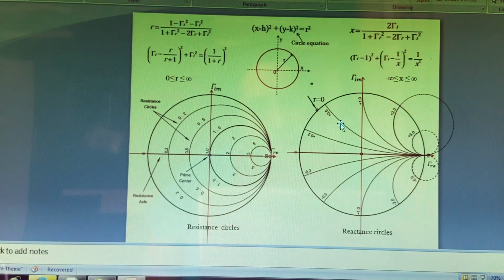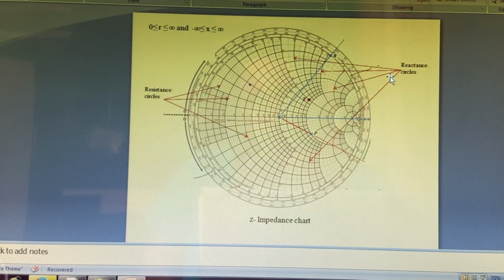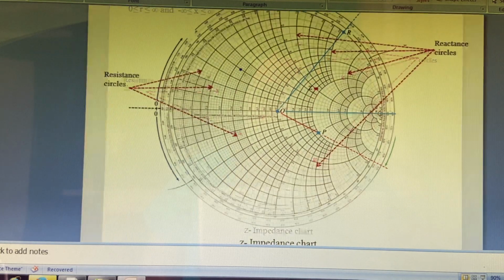The reactance of this circle is plus 0.5. Similarly here plus 0.2. If you go to this circle, its reactance value is minus 1. So the reactances are written on the outside of the circles. These values are the reactance values.